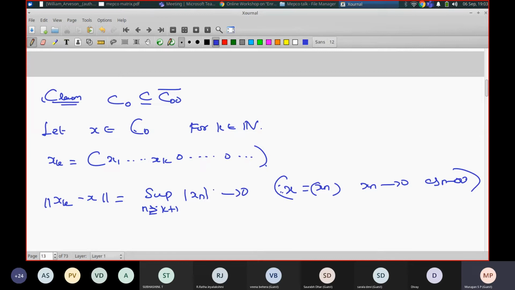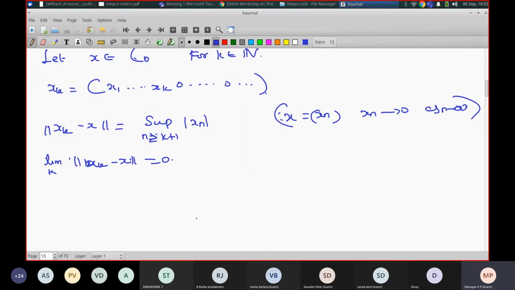Taking the limit as k tends to infinity, the norm of x_k minus x is 0. Okay. Therefore, what do you have?